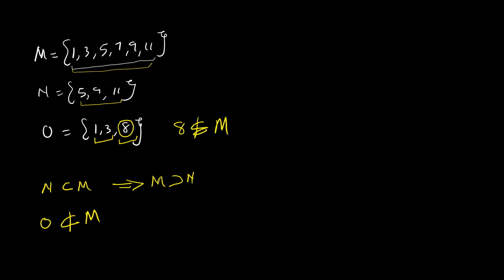So we can say that set O is not a subset of set M, and also set M is not a superset of set O. So that is simply how we can represent subsets and supersets.